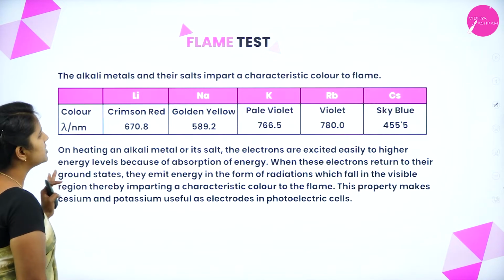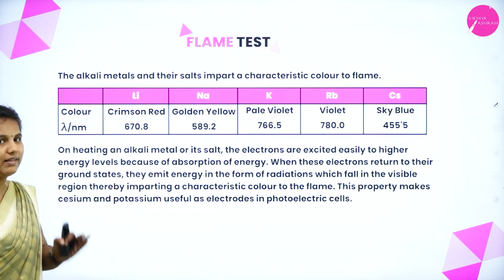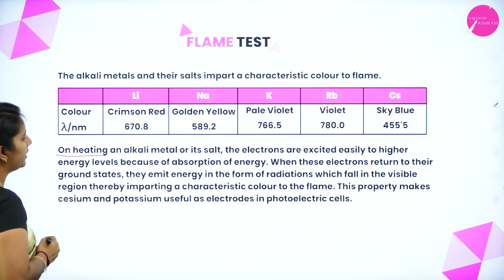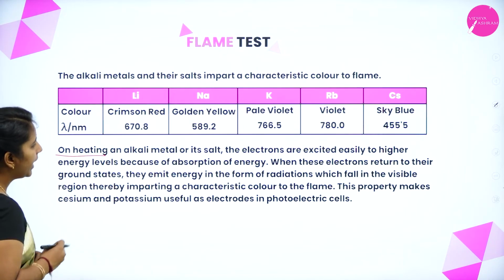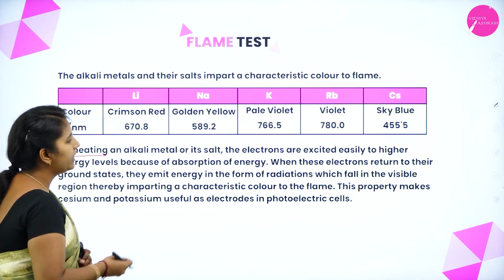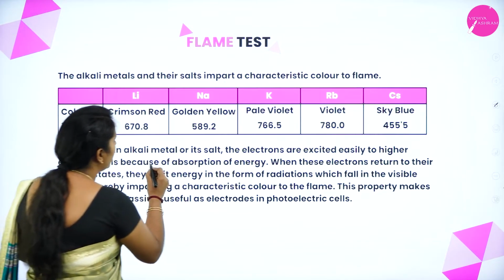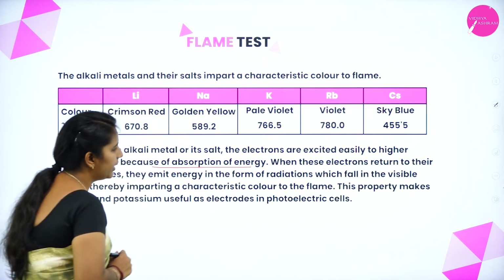Alkali metals and their salts impart a characteristic color to the flame. On heating the alkali metals or their salts, the electrons get excited easily to a higher energy level because of the absorption of energy.